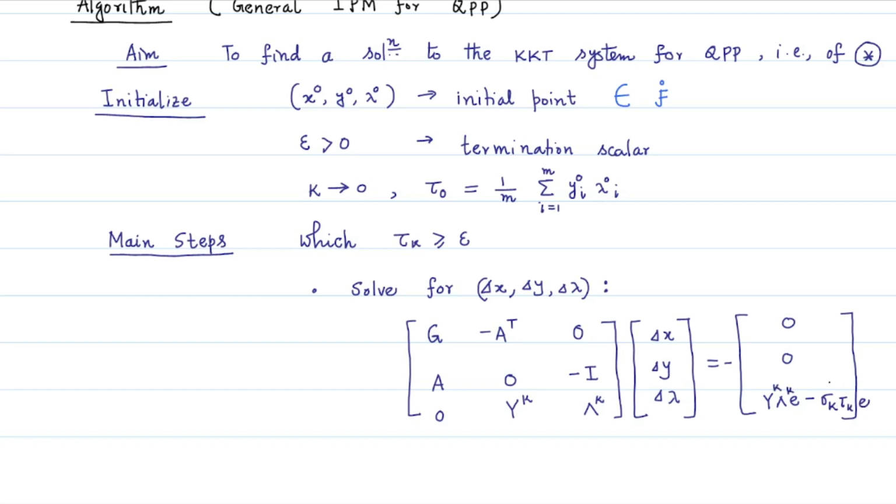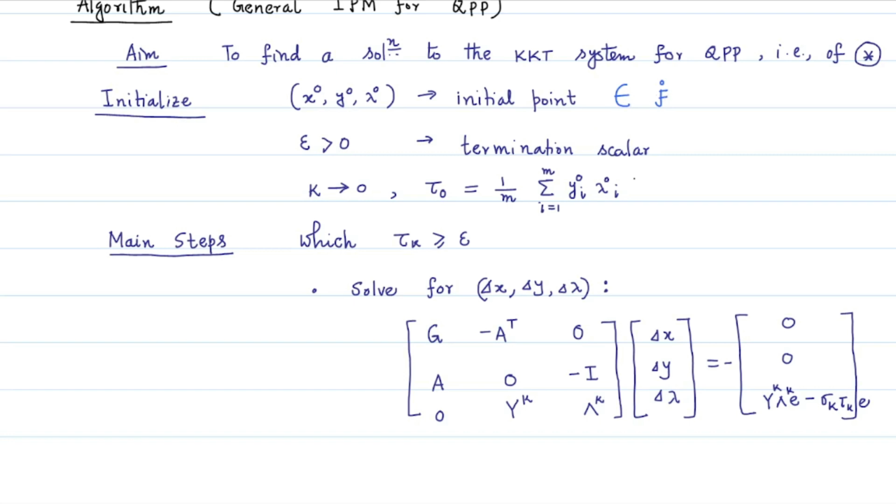Now here you might ask that okay, for the initial point you have taken inside F naught and therefore you are keeping these as zeros, but what about the general point xk, yk, lambda k? For the general point, there is a result that if the initial point is taken inside F naught, then by this process that I would be writing in this algorithm, all the next and consecutive iterates are also belonging to F naught.